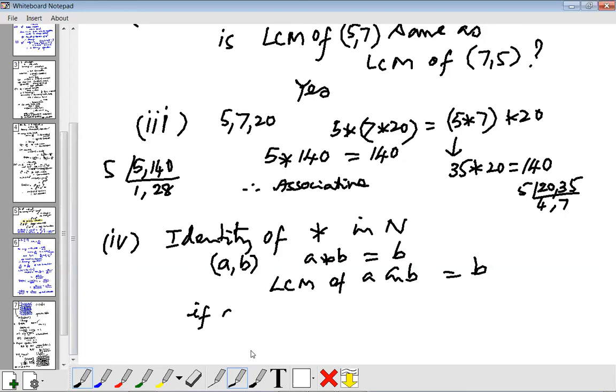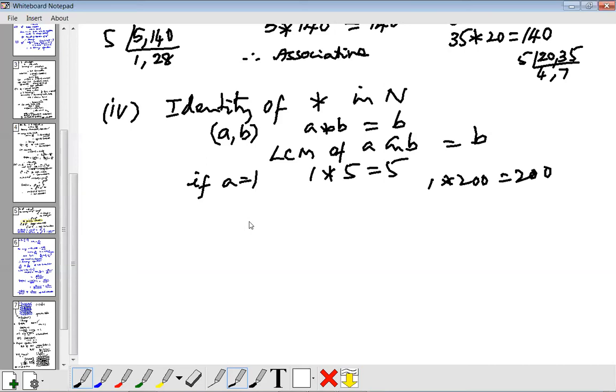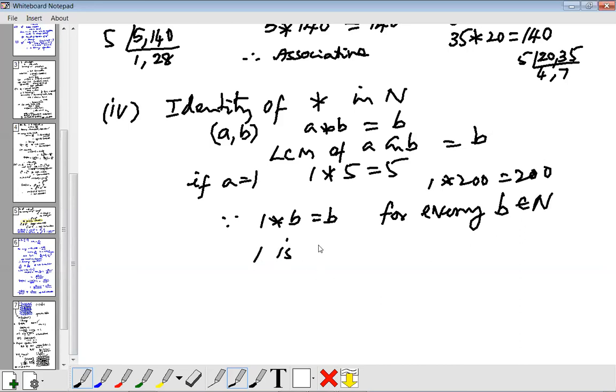If A equal to 1, then you take anything: 1 star 5 equal to 5, the LCM of 1 and 5 is 5. 1 star 200 equal to 200. So you're getting the same element. Since 1 star B equal to B for every B belonging to the natural numbers, 1 is the identity. Understood?